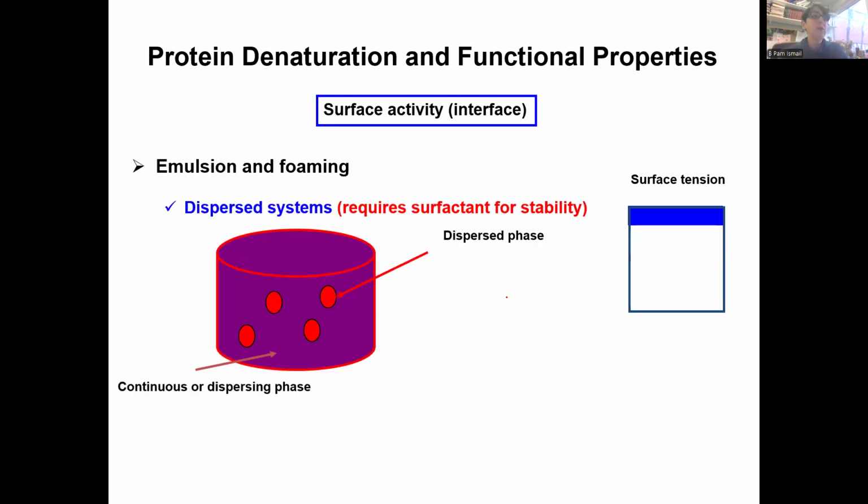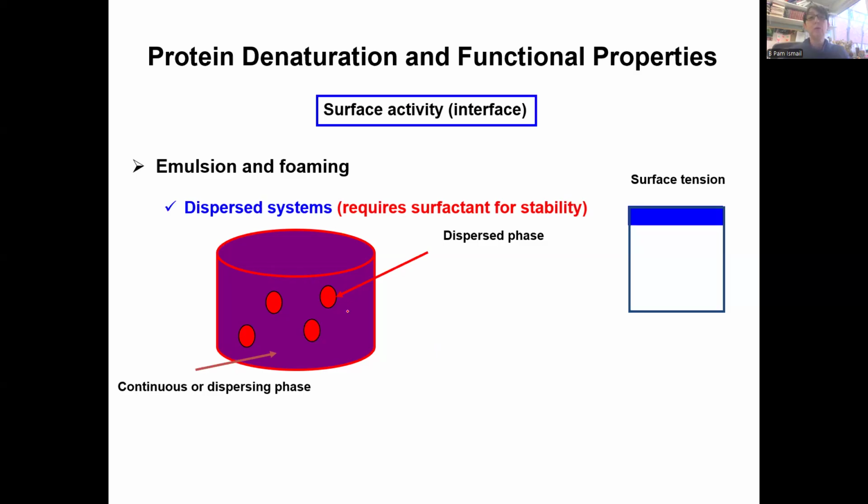So in an emulsion, for example, or foam, you have the continuous phase or dispersing phase, and you have the dispersed phase. So in emulsion, the continuous phase can be water and the dispersed phase can be oil, or the dispersing phase can be oil or fat and the dispersed phase can be water.